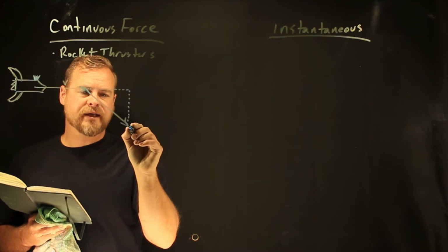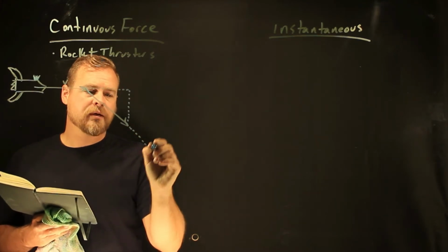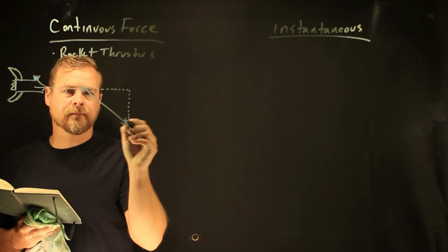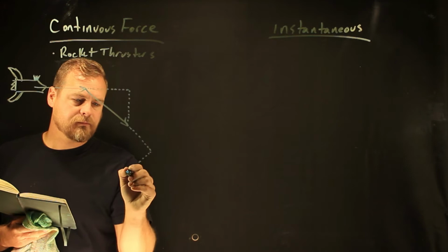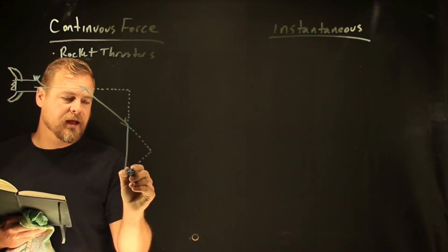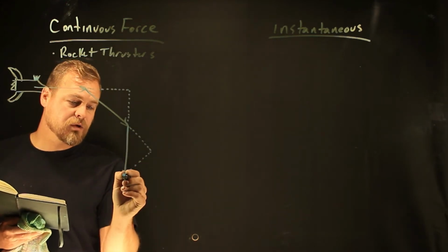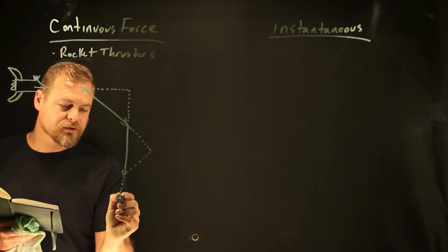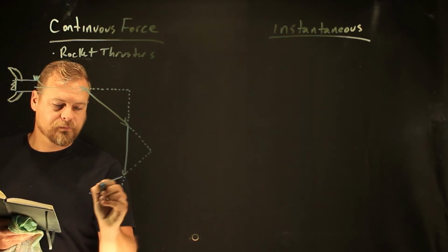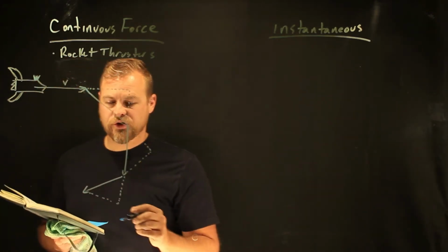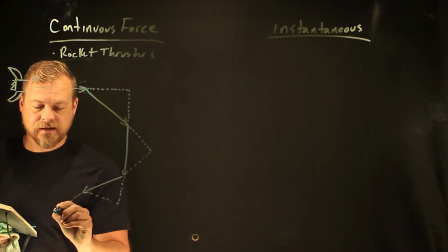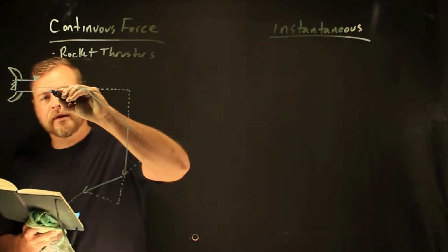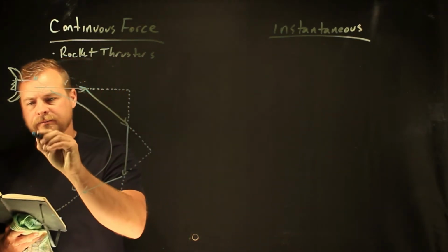Law of inertia says that rocket will continue on in this direction, but because those rocket thrusters are still burning, so this would be like 1 second, here's another second, we now are going this way, and the rockets are still burning, and so the law of inertia says that the rocket will continue on, and the rocket's thrusters will be changing its direction, and then finally the rocket shut off, and then the law of inertia says that it would continue on and on and on.